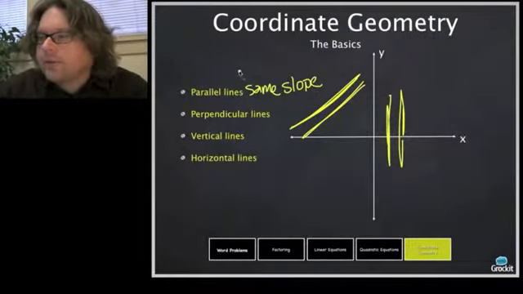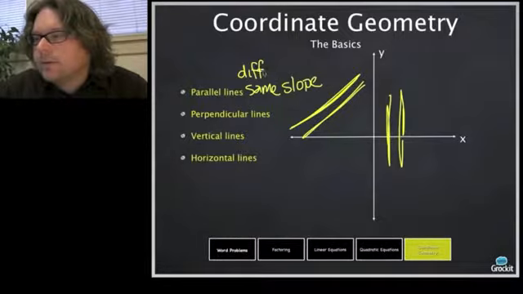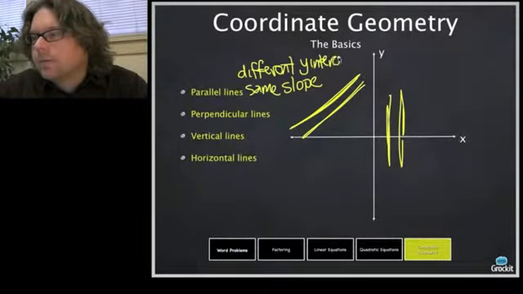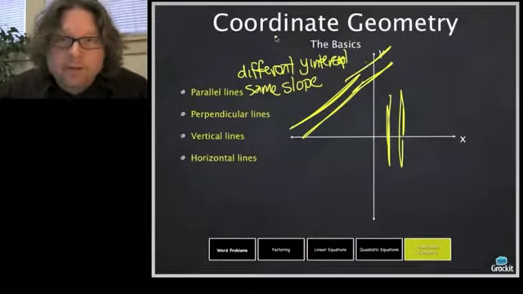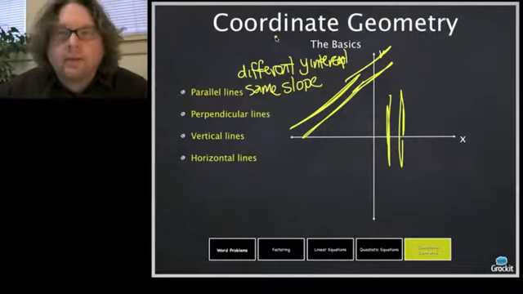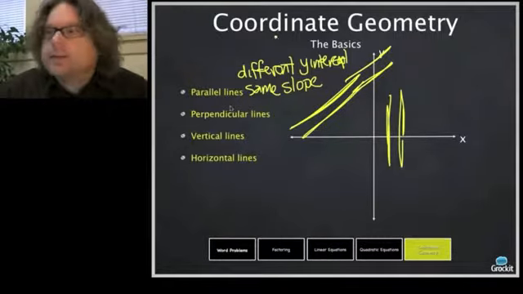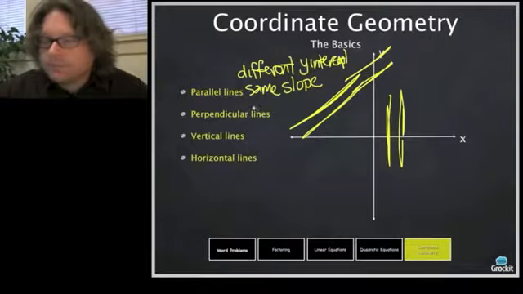They will, however, have different y-intercepts. Note that if I were to just continue these two lines, they cross the y-axis at different points. That's how they have different y-intercepts. If they had the same y-intercept and the same slope, they would not be parallel, they would just be the same line. So parallel lines, different y-intercepts, same slope.